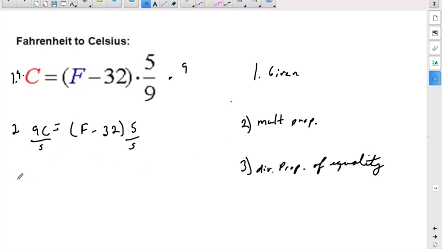From there, that gives me 9 over 5 c is equal to f minus 32.